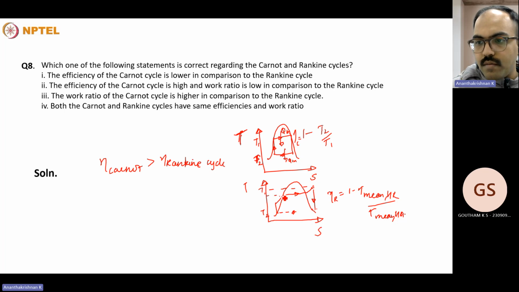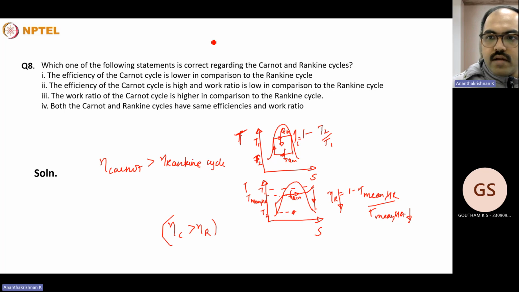It will be much lower. So the mean temperature of heat addition will be lower compared to that of the Carnot cycle, and therefore, since this becomes smaller, the Rankine cycle efficiency will also decrease compared to the Carnot cycle. So Carnot will always be greater than the Rankine cycle.